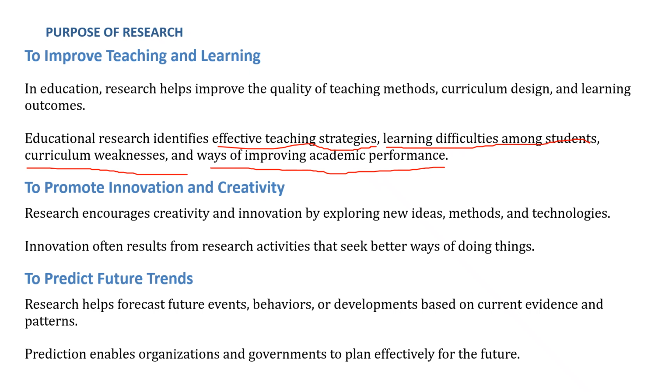When you carry out research, by trying to predict the future based on current events, you will be able to know how best to prepare yourself for the future. So research helps forecast future events, behaviors, or developments based on current evidence and current patterns.